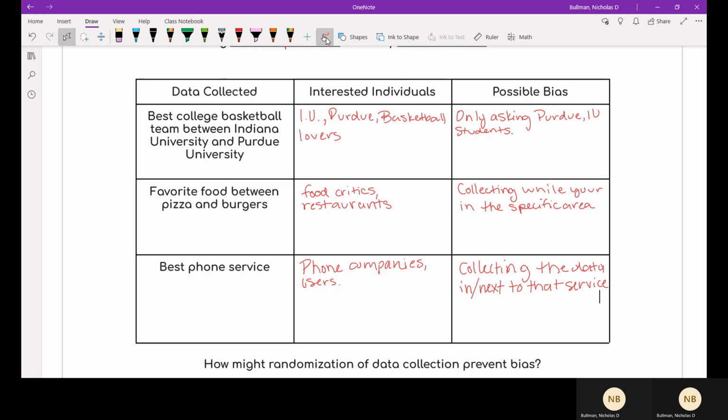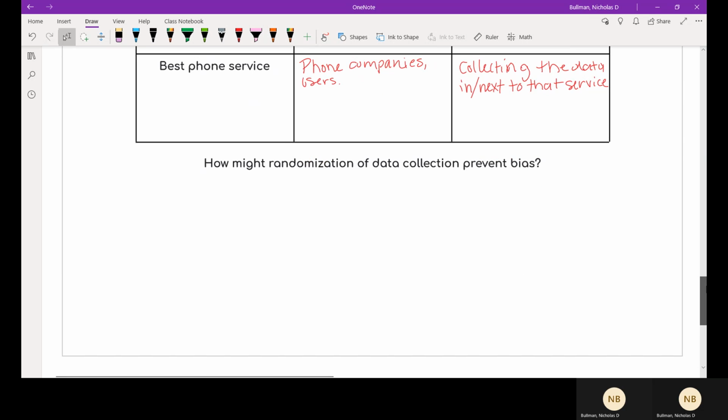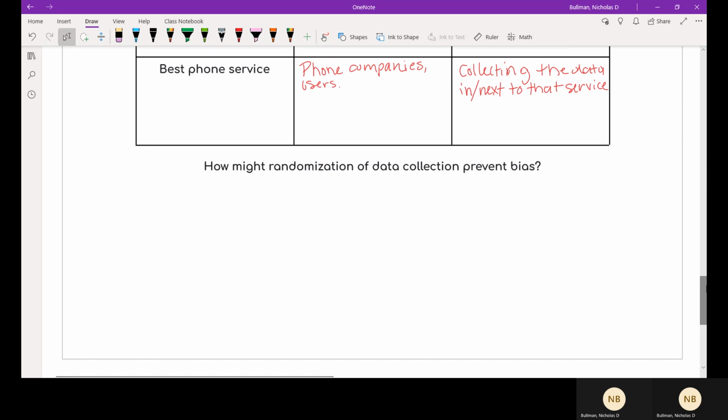Okay. Now, if we have a short discussion over how might randomization of data prevent bias, we talked a lot about it skews one way or the other. So they're extreme on one side whether they like it, or extreme to the other side if they don't like it.